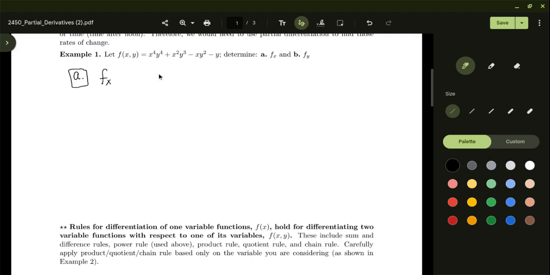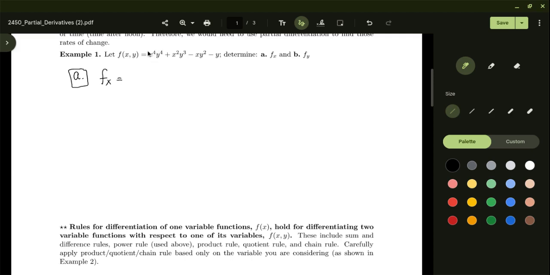And then we're going to take the derivative of each term with respect to x. Looking at our first term, we have x to the fourth power, y to the fourth power. Remember, we can treat this y to the fourth power as just some number, so we could pretend it's a coefficient of our x to the fourth power.